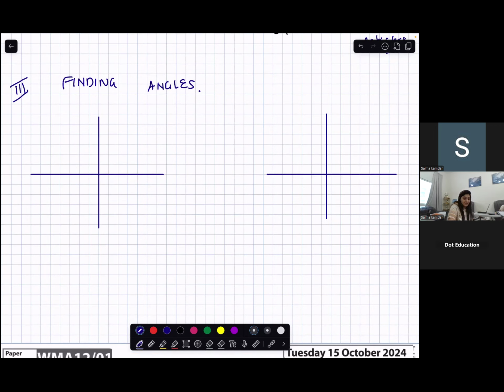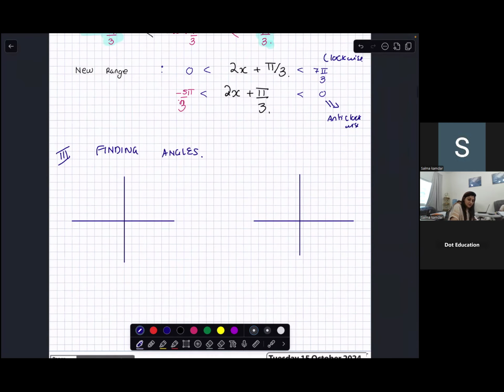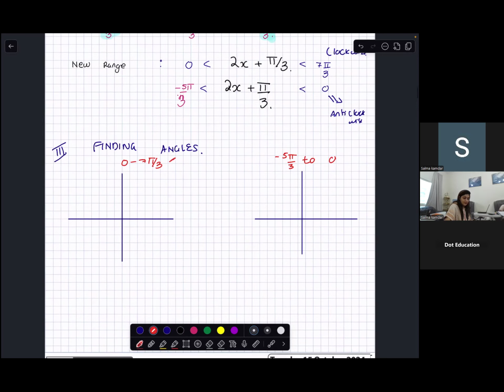I'm making it for ease of simplification. So the first range would be between 0 to 7 pi by 3, and the second range would be between minus pi by 3 to 0. Are you with me? So this is for the positive, this would go clockwise. I hope you're with me.